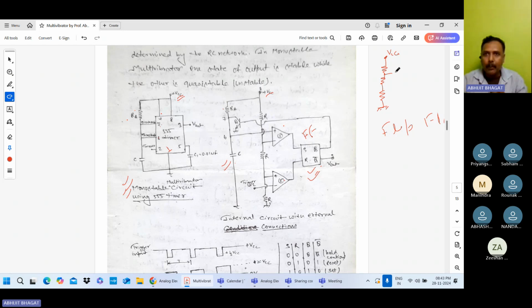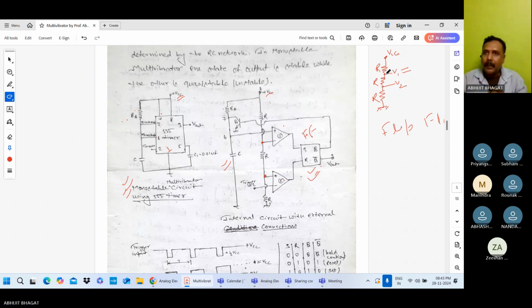Suppose here the voltage is V1 and here the voltage is V2. Suppose all resistances are equal and equal to R. So what is V1, the voltage at this point?